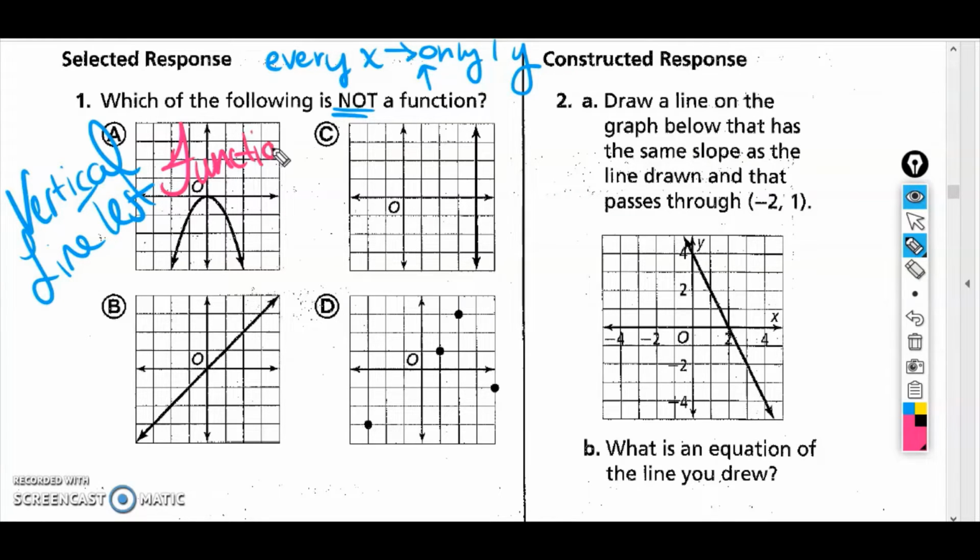If I was trying this one, no matter how many vertical lines I drew, up and down, it would only hit this graph one time. So this one would also be a function.